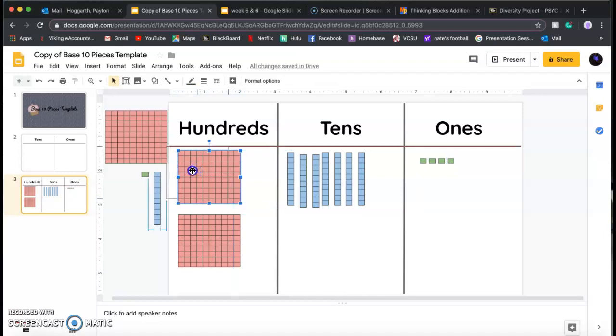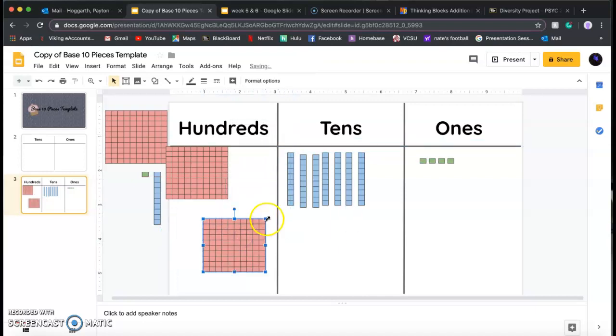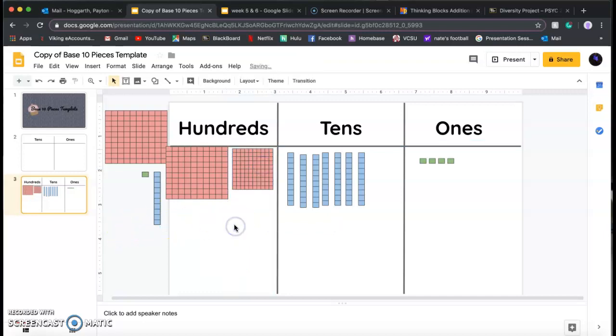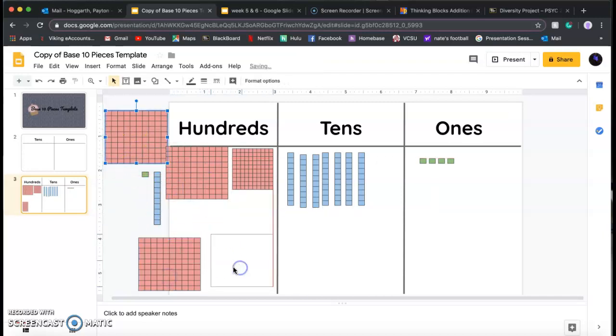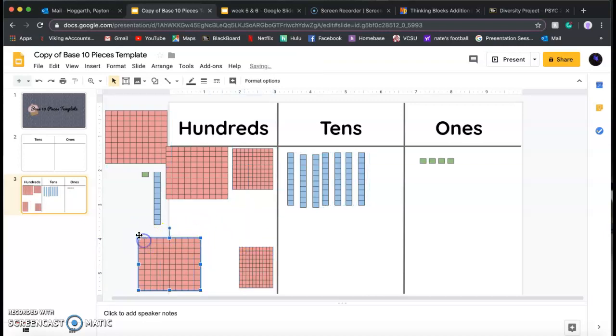And now I need to add 247. So I need 2 100s. And then I'm going to need 4 10s to make 40.